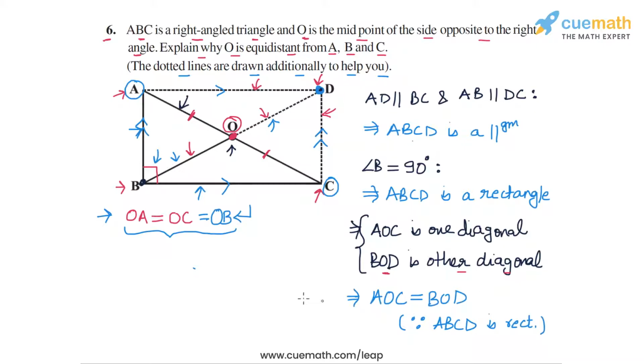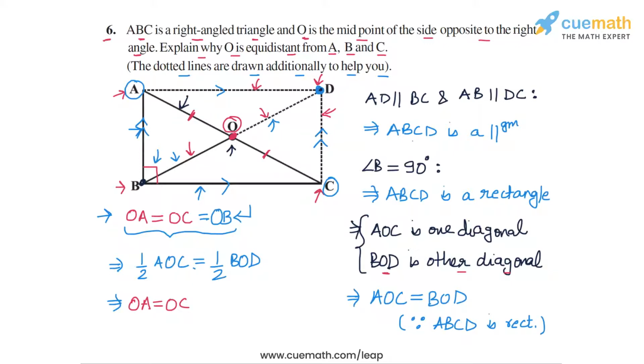So AOC and BOD are equal, so their halves will also be equal. Let's write this here. Half of AOC will also be equal to half of BOD. What is half of AOC? Half of AOC will be either OA or OC. So we can write both OA and OC.